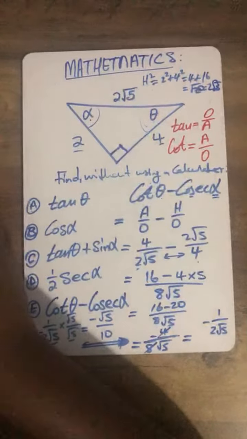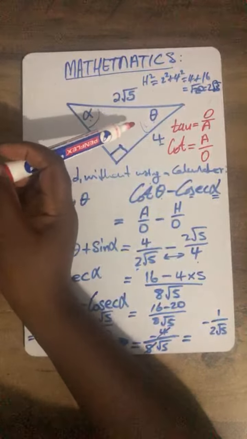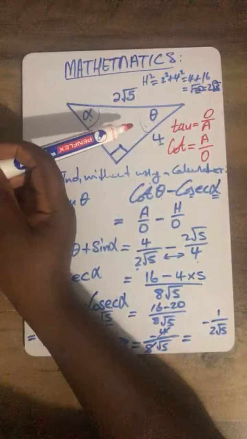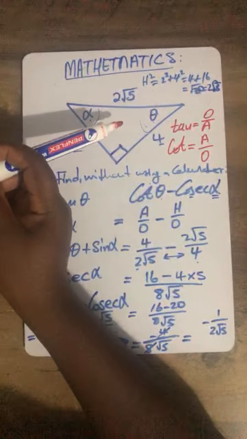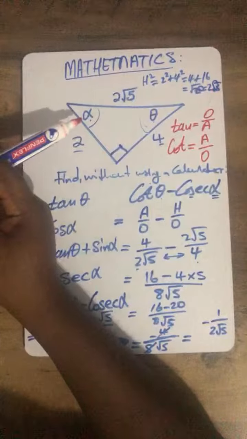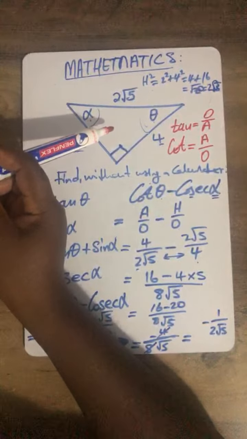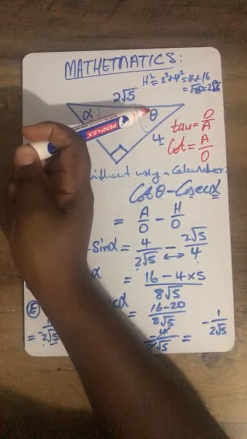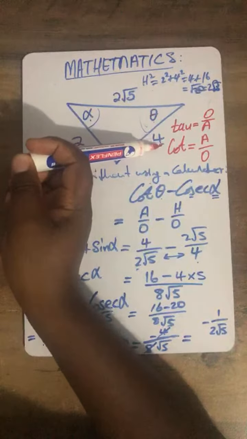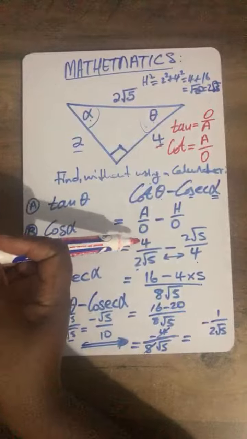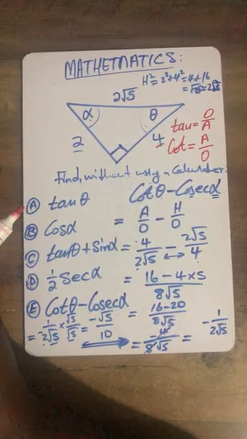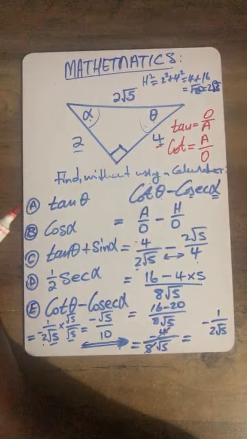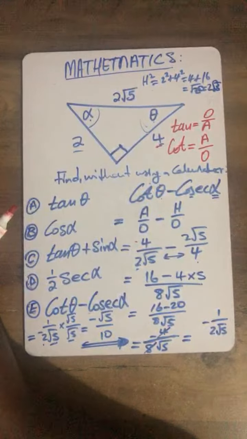Okay, let's see. Maybe you guys are onto something. Let's see. Cot. So what is adjacent to that angle? Adjacent is 4, so that's why I had 4 there. Cot. Oh, wait.